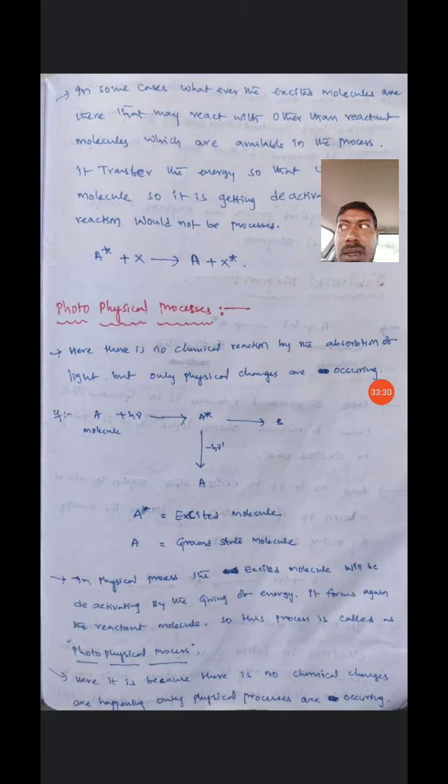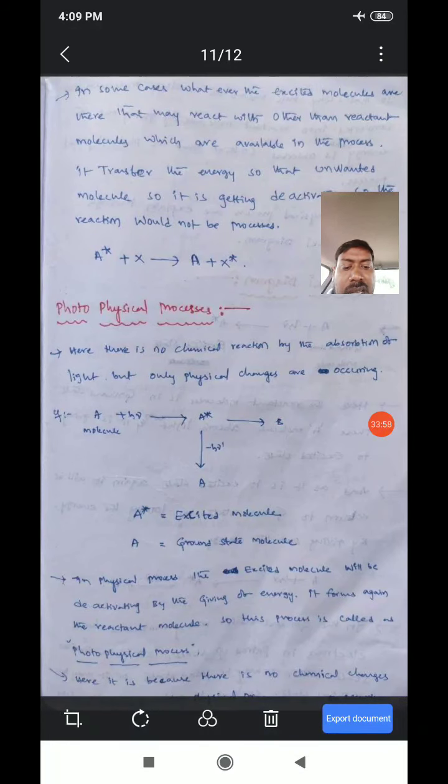But here A is a reactant molecule. It absorbs the light energy and forms A star, that is an activated or excited molecule, and this excited molecule loses energy, minus h nu dash, and forms A. So A star is an excited molecule and A is a ground state molecule.